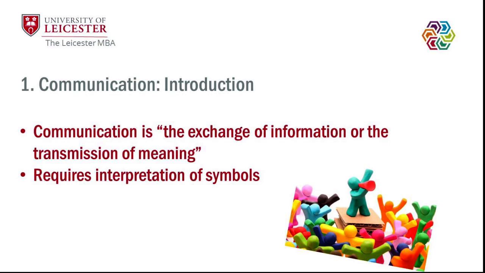As we will explore in this lecture, there are different forms of communication using different media, and therefore many different types of symbols which must be interpreted. We'll discuss how the way messages are transmitted and the medium that is used affects the way they are received and interpreted.